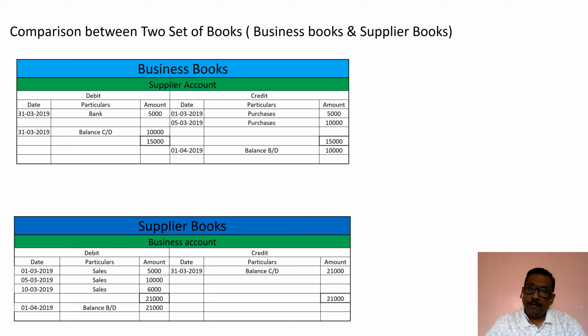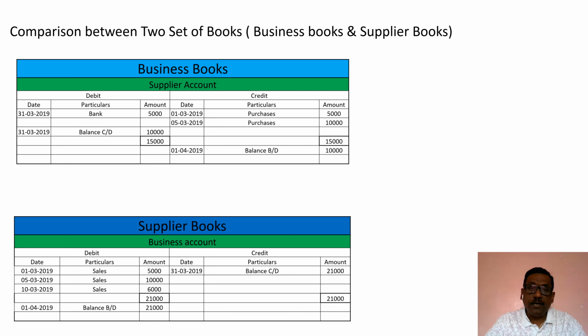Are you clear? In simple terms, the business has to compare the supplier account with the statement received from the supplier. This is called comparison between two sets of books.